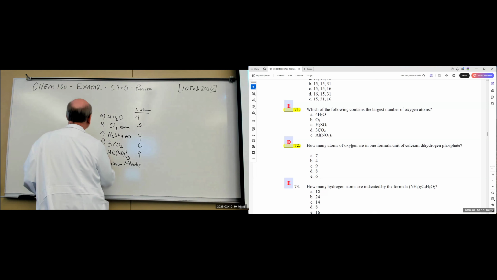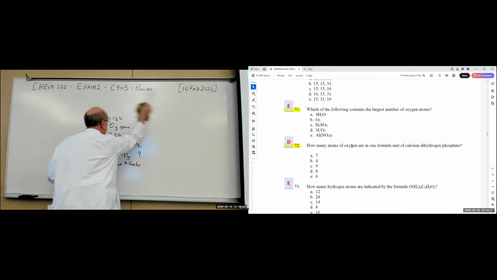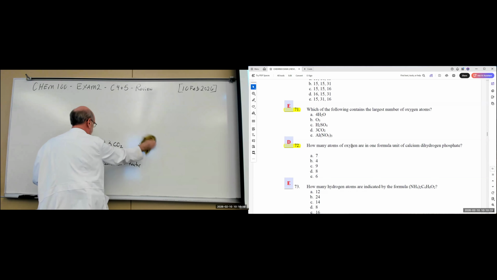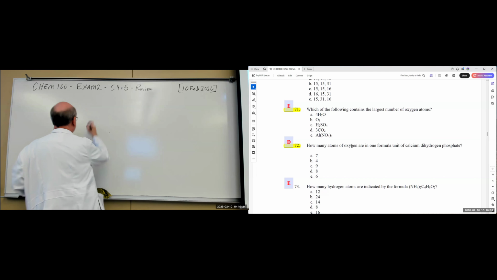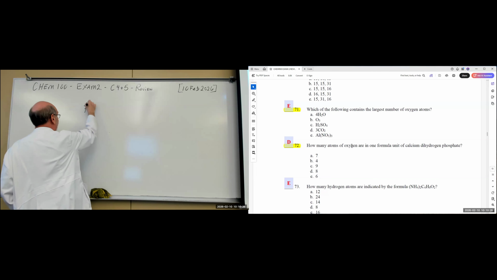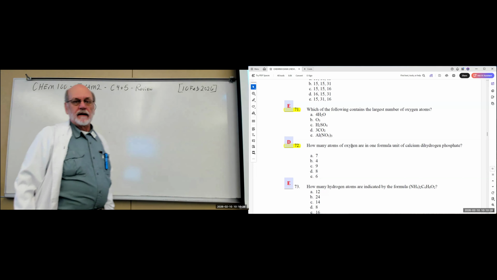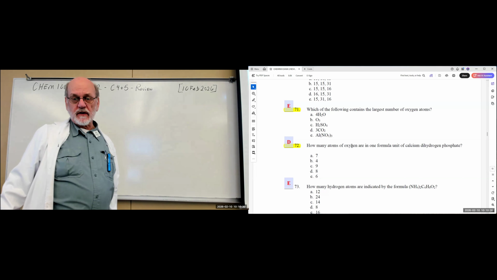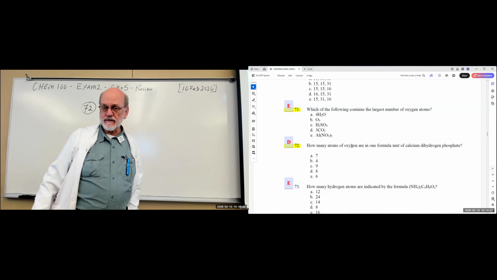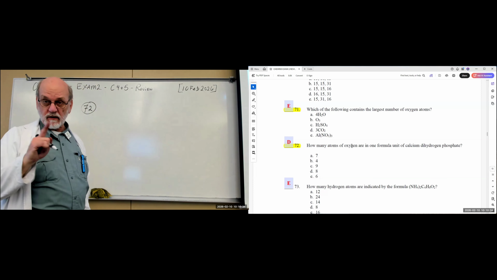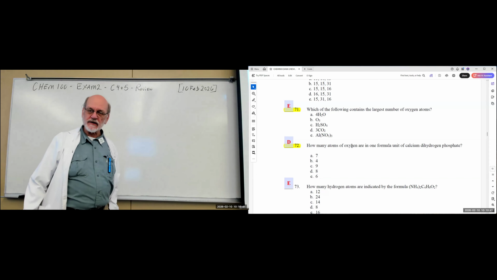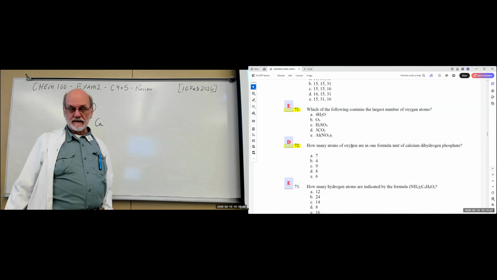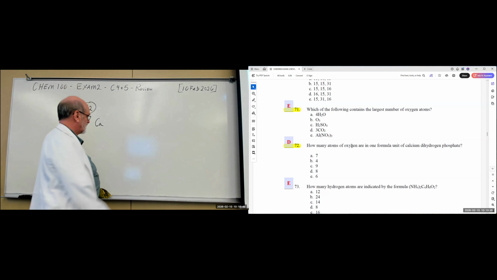72. How many atoms of oxygen are in one formula unit of calcium dihydrogen phosphate? This one you have to know how to write. So we know it's got calcium in it, right? And dihydrogen phosphate is a polyatomic ion. Just look it up in your table.